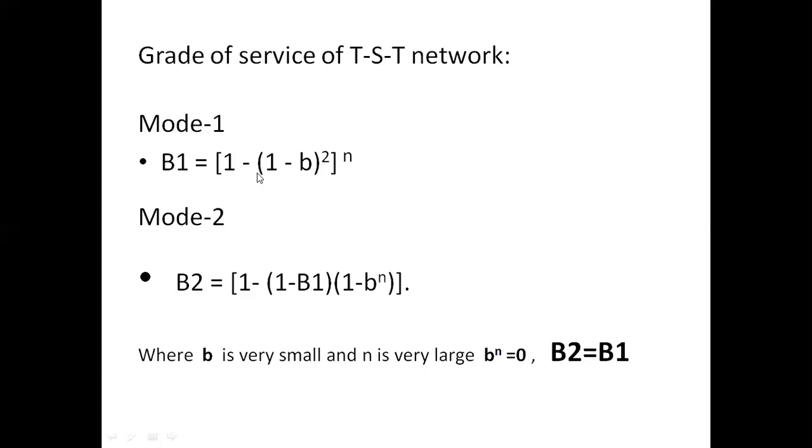The B1 is given by (1 minus b) whole squared, whole to the power of small n. You know the meaning of small n, which represents the number of channels within a PCM highway.